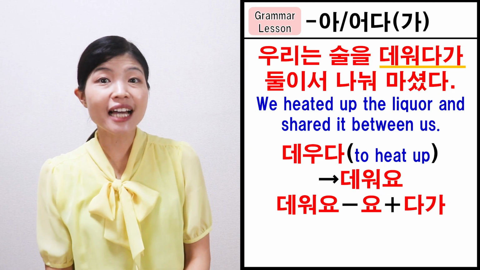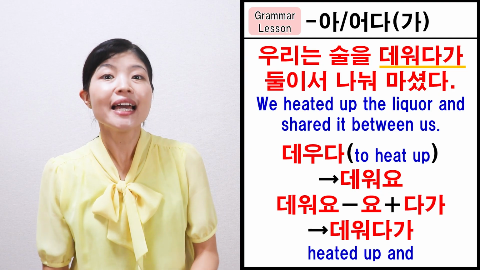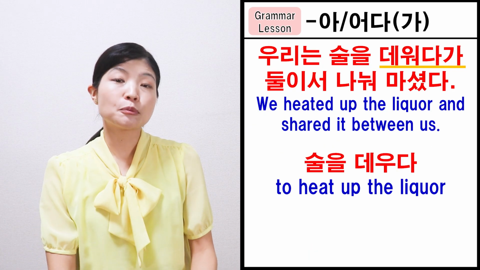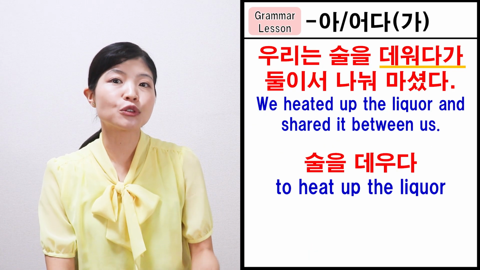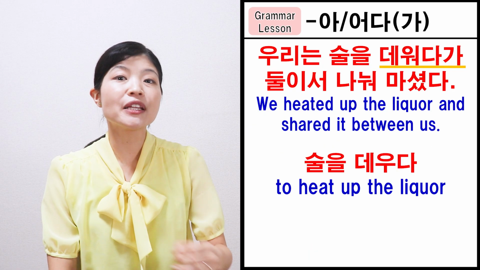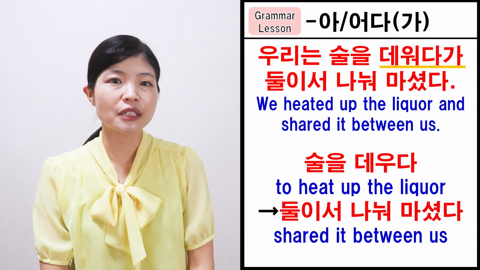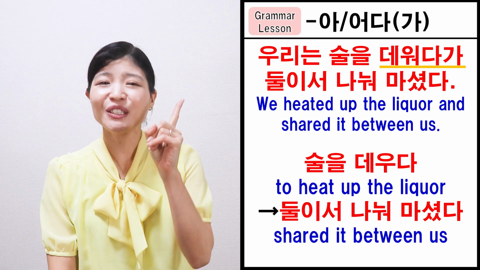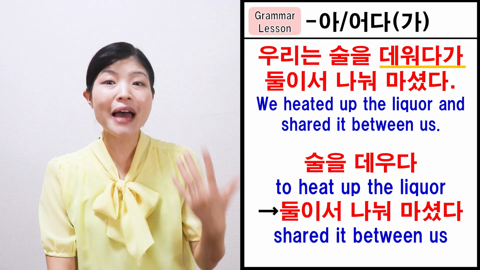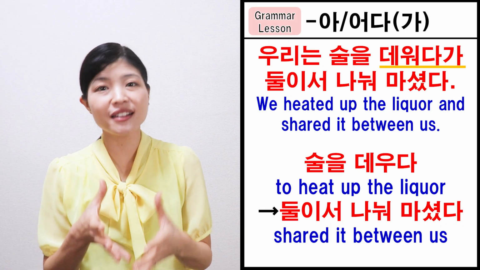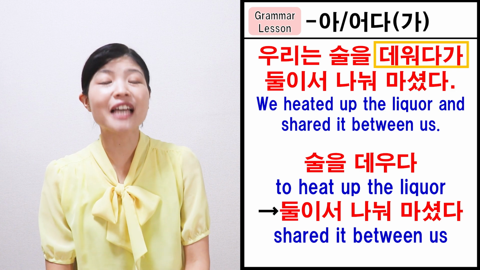You connect 다가 to it to make 태워다가, heat it up, and it expresses well how the action 술을 태우다, to heat up the liquor, is followed naturally by 둘이서 나눠 마셨다, shared it between us. Do you get it? In addition, you can imagine the speaker was holding the liquor. That's why you use 태워다가.